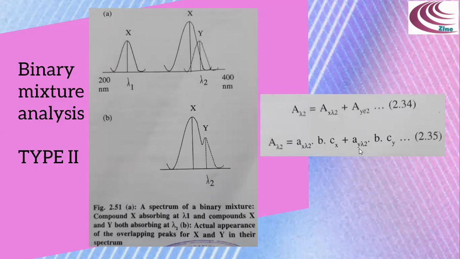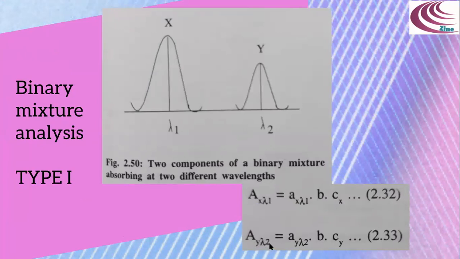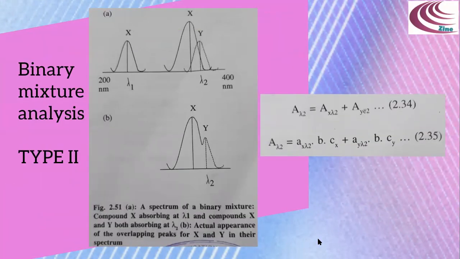The concentration of X, that is Cx, is also calculated using equation 2.33, A_Y λ2 = a_Y λ2 × b × Cy. The path length is usually 1 centimeter. So in equation 2.35, all the terms except for the concentration of Y, that is Cy, are known, and hence Cy can be calculated.